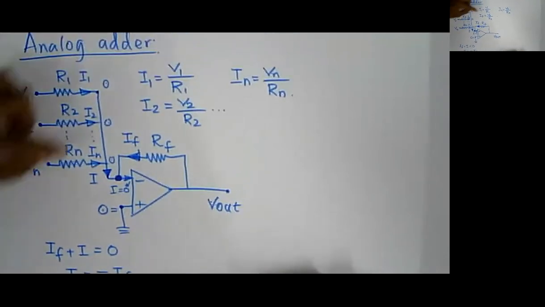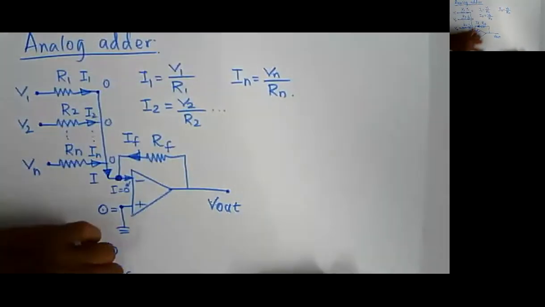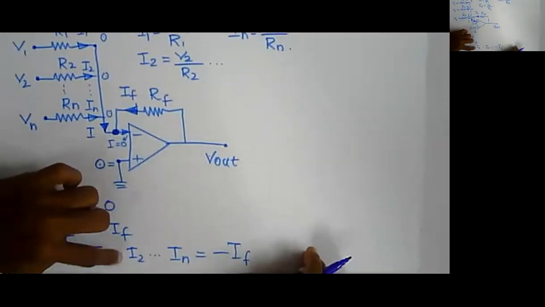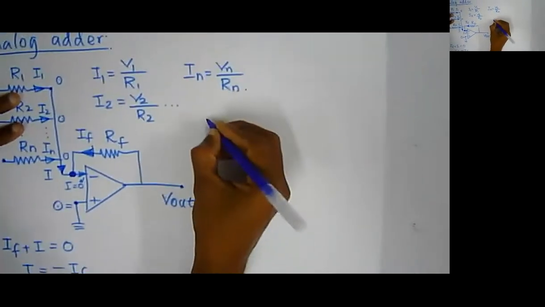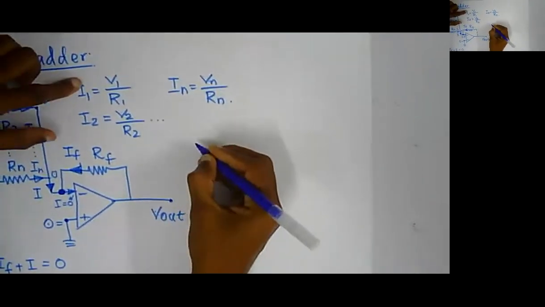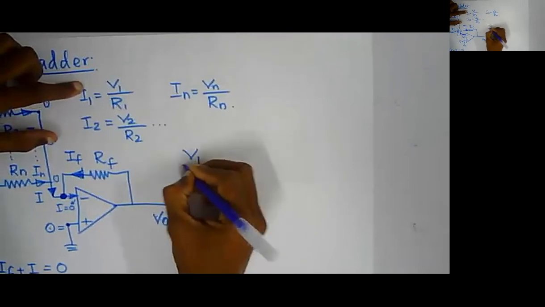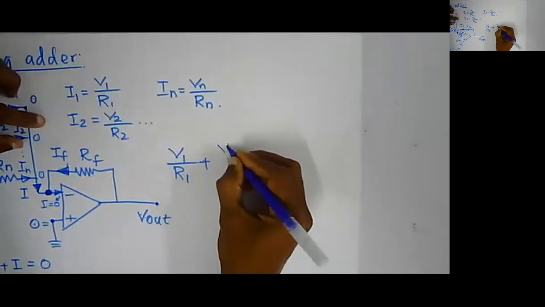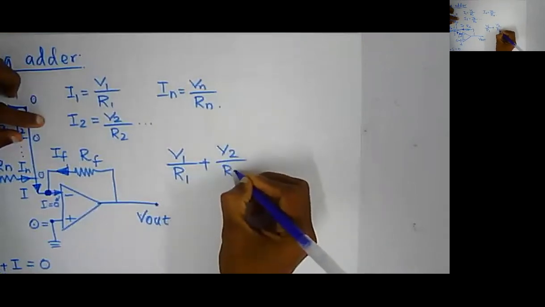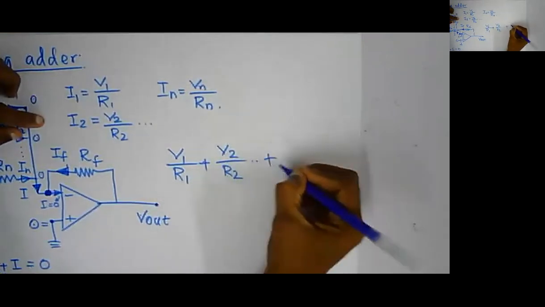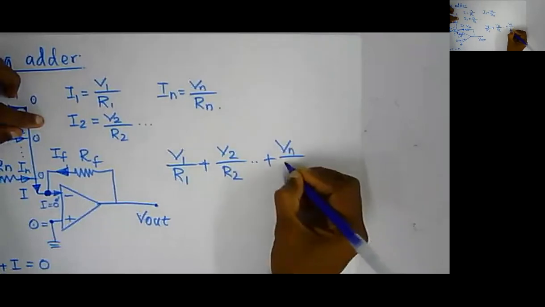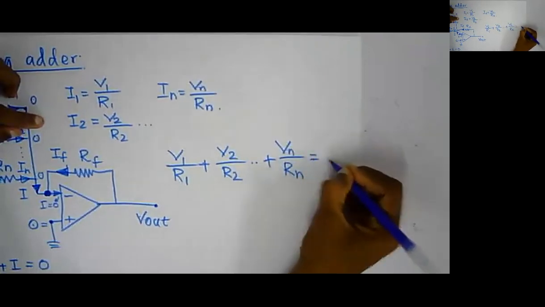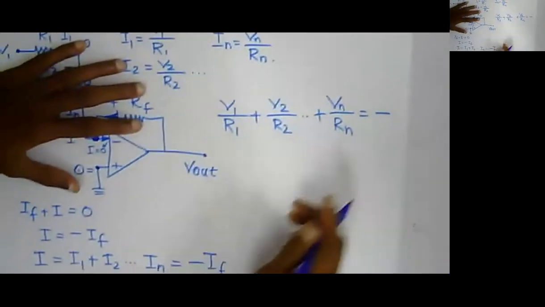Now I can substitute each equation in this one. I1 becomes V1 by R1 plus V2 by R2 up to plus Vn by Rn, equal to minus IF.